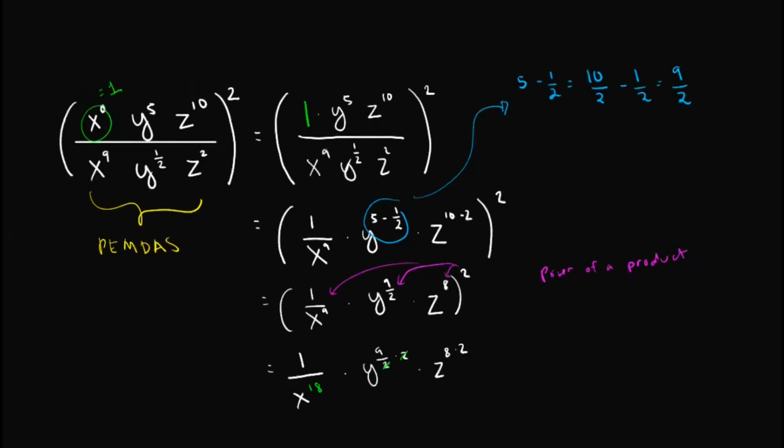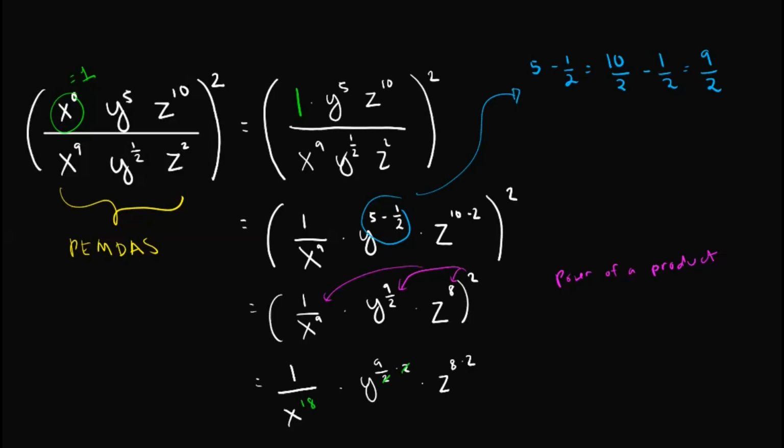And 8 times 2, oops, sorry about that. And 8 times 2 would give us 16. And so the answer for this one, combining everything, would give us y raised to 9, z raised to 16, all over x raised to 18. And this one is the answer.